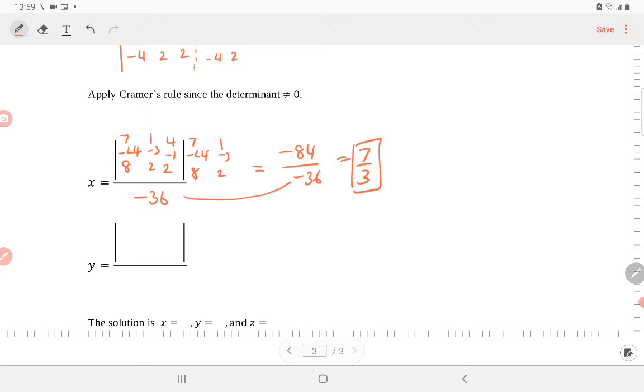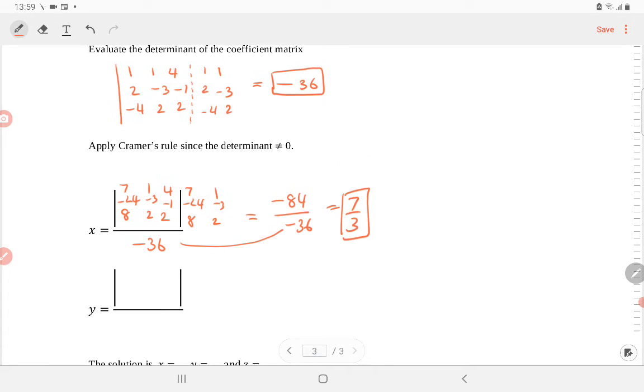Okay, now do the same for y. So keep your values the same for that one, 1, 2, 4. Now replace with 7, minus 24, 8. And then the next one, 4, minus 1, 2.